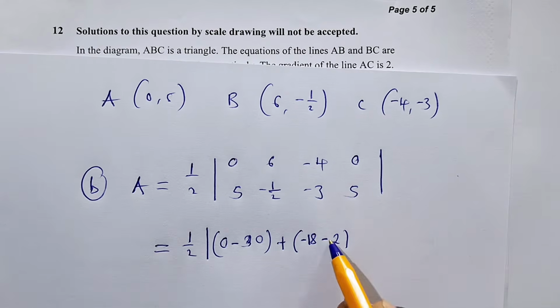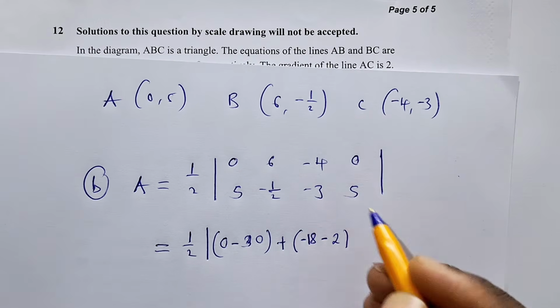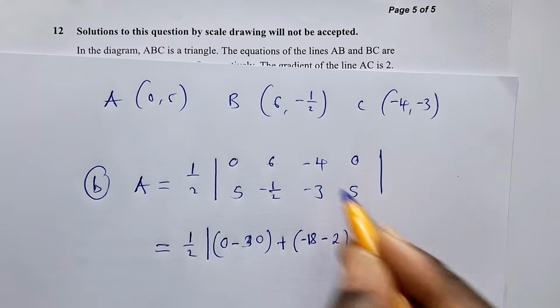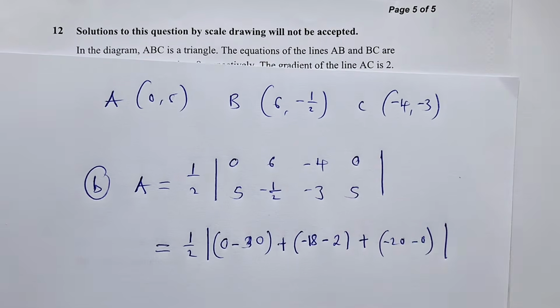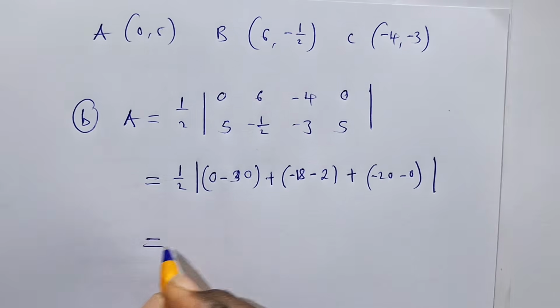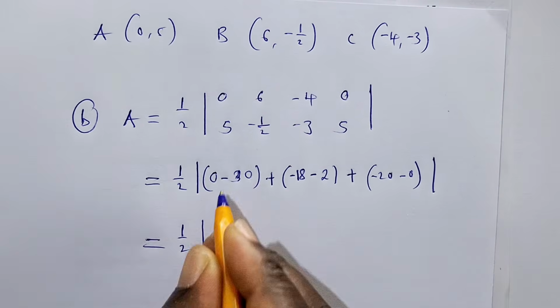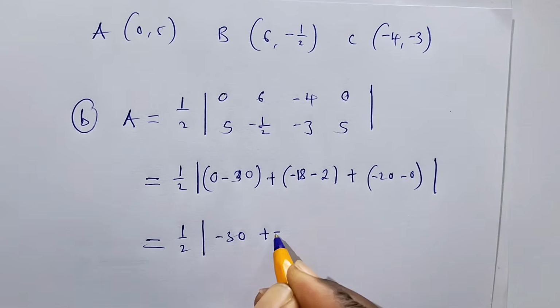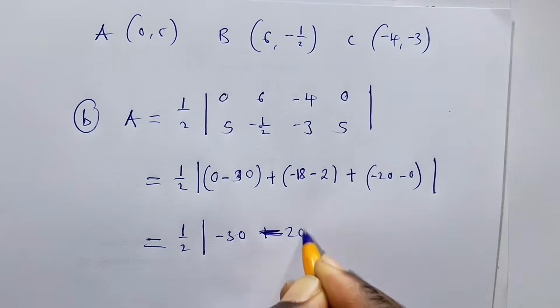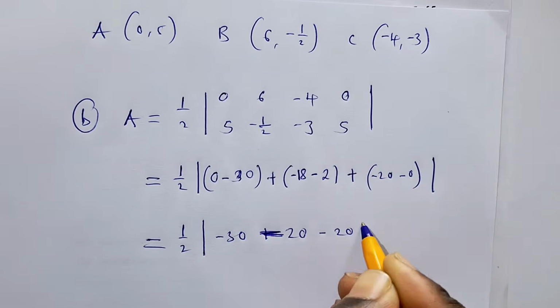So we write minus 2. We come to these 2. So that is negative 20 minus 0. So that's what we are getting now. And from here, we can say this is a negative 30 here plus, should I say minus? It's a minus 20, even here minus 20.